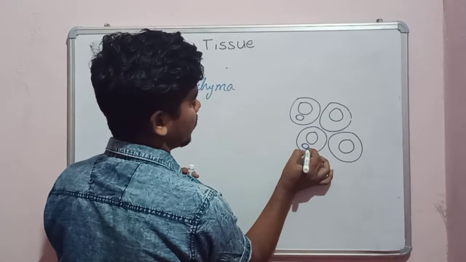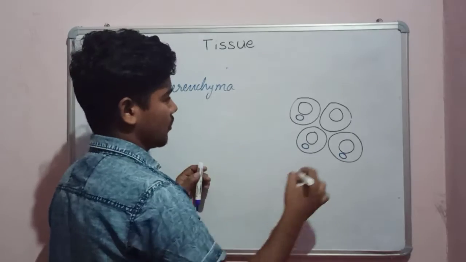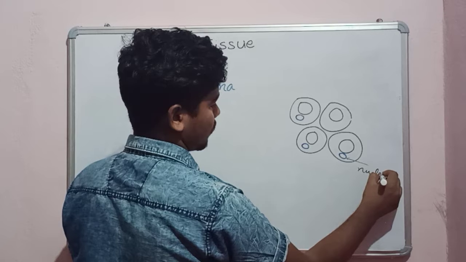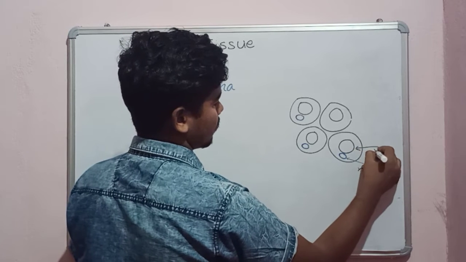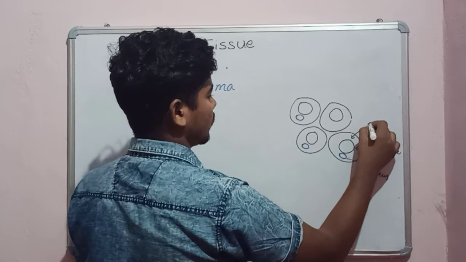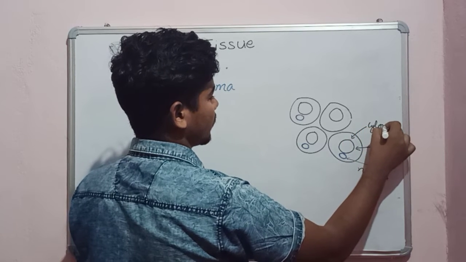Here is the nucleus. This is vacuole. It is cytoplasm.